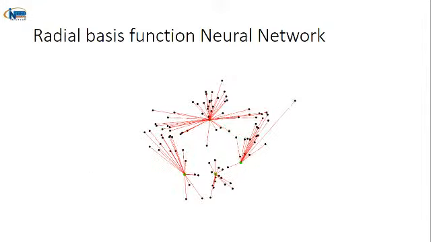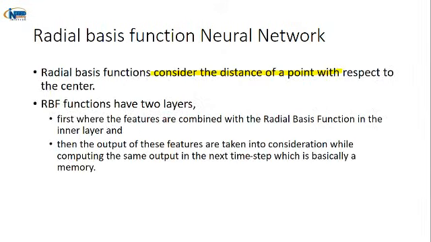It has two layers. First, where features are combined with the radial basis function in the inner layer, and second, the output of these features is taken into consideration. Here you can see the difference. The features are combined with the radial basis function.